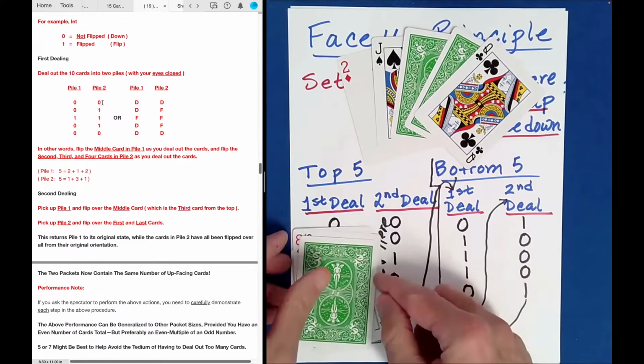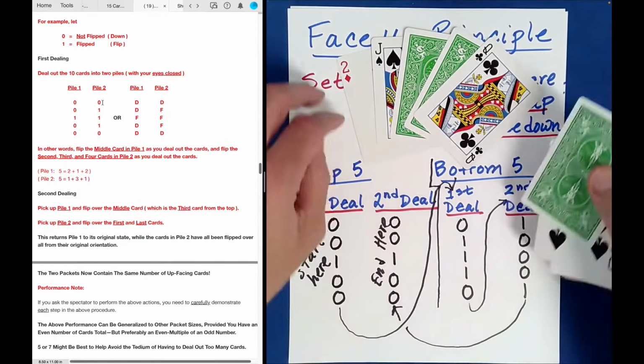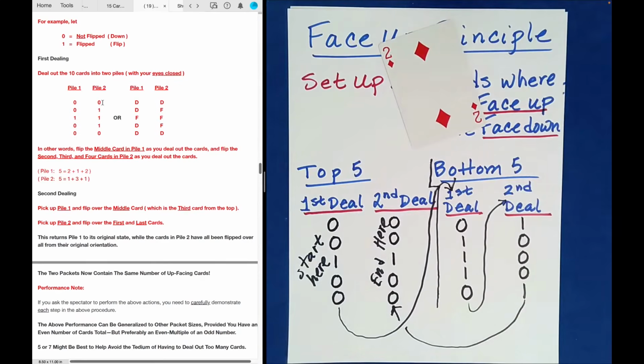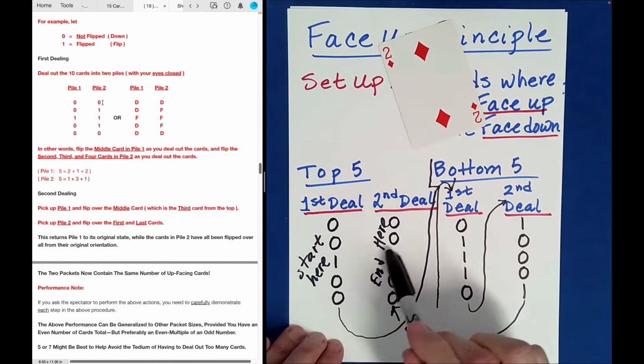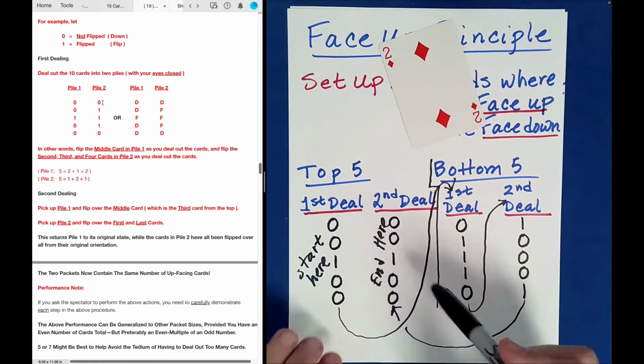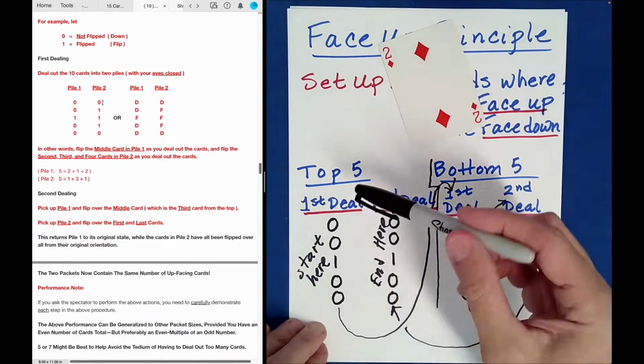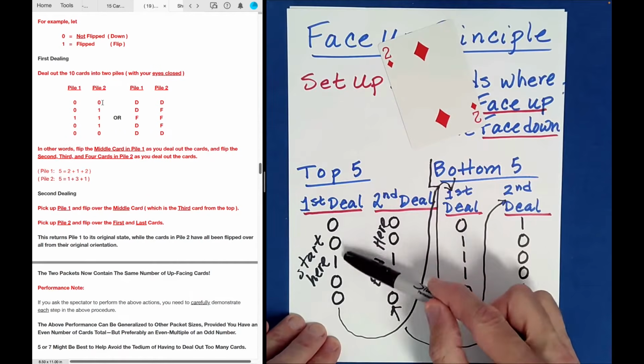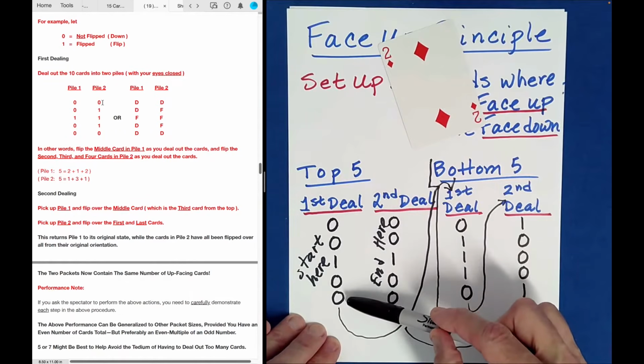And because of the symmetry of these sequences, it really isn't too hard to remember these. And let me just explain how I came up with these, my logic, because I think that will help you remember. So for the first dealing, it would be silly to not flip any of them, right?